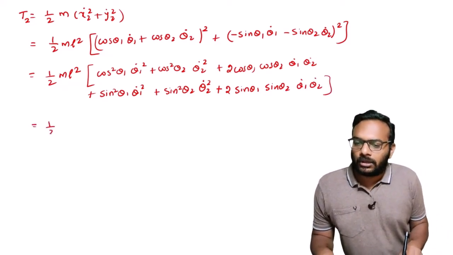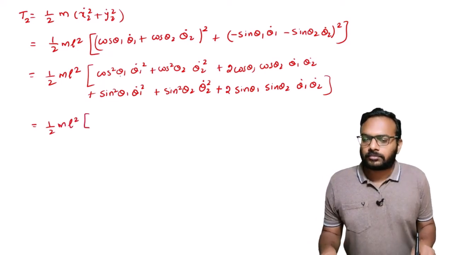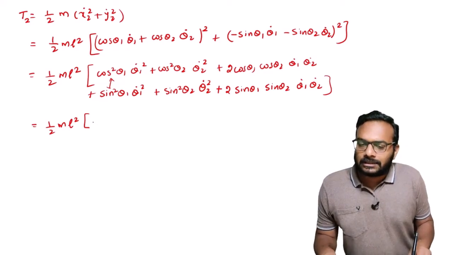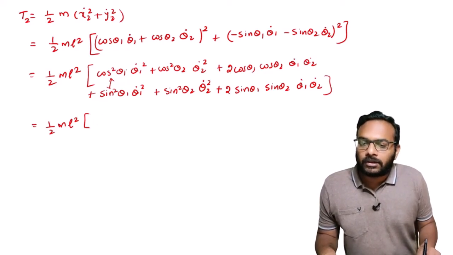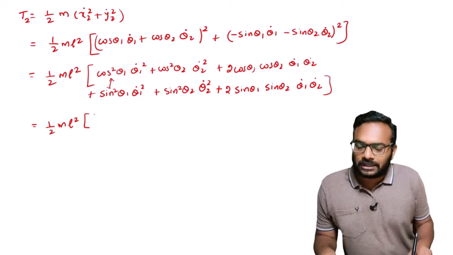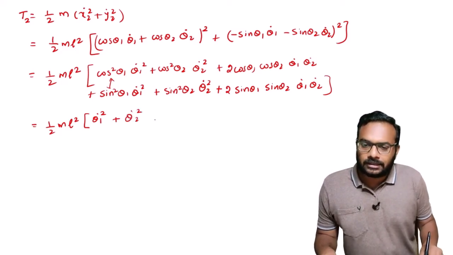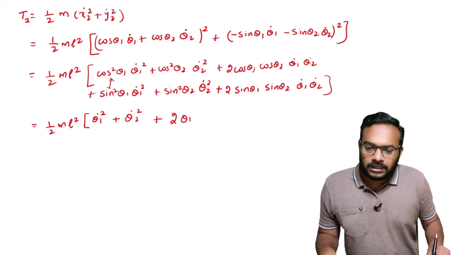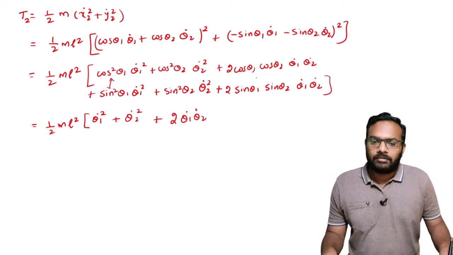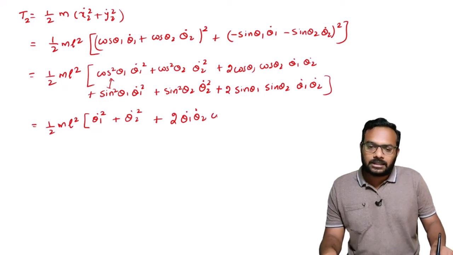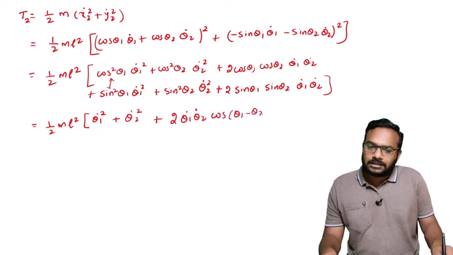Now this is equal to half ml square. See, we can combine this. Cos square theta plus sine square theta is 1. So this is theta 1 dot square multiplied by cos square theta 1 plus sine square theta 1, that's equal to theta 1 dot square, plus similarly from here we get theta 2 dot square. Plus twice theta 1 dot theta 2 dot, and we have got here cos theta 1 cos theta 2 plus sin theta 1 sin theta 2, and we know that that's equal to cos of theta 1 minus theta 2.